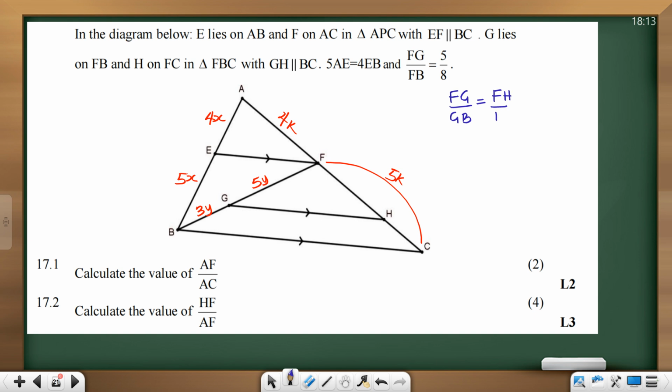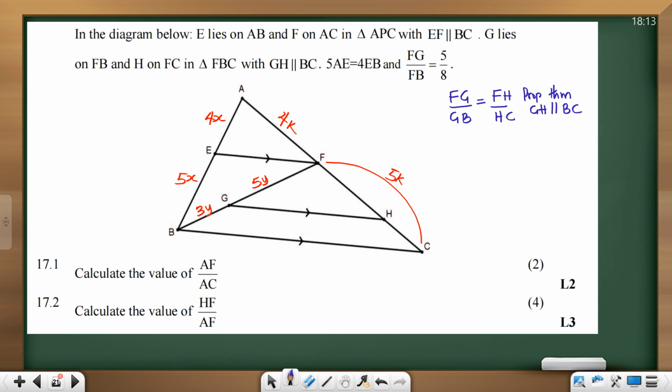FH over what? HC. Which lines are prop what? Theorem. Which lines are parallel? GH parallel to BC. Before I continue, let me know if we are on the same page. Quickly, everybody. Are we on the same page? I don't want to finish, then we go back. Let's go gradually, step by step. Are we on the same page?